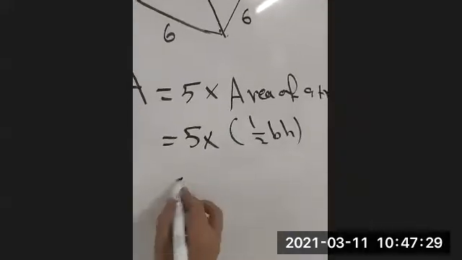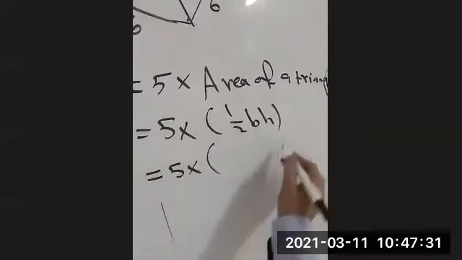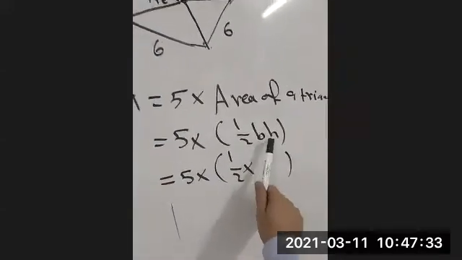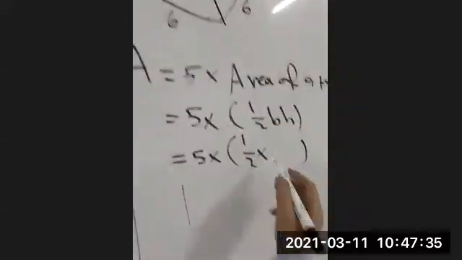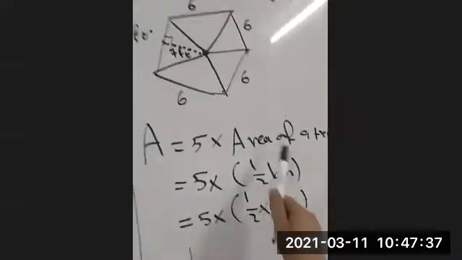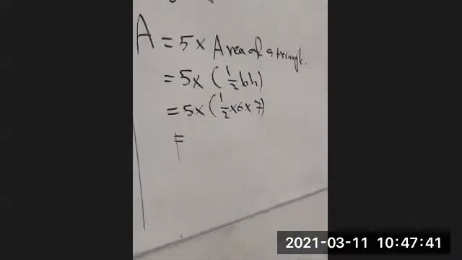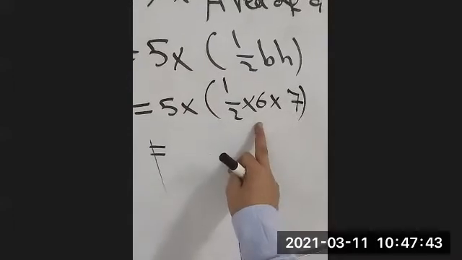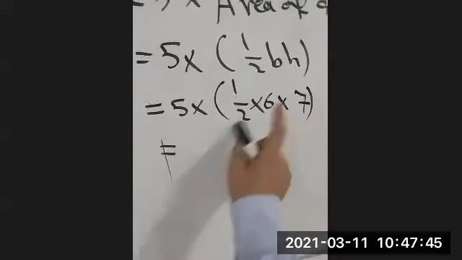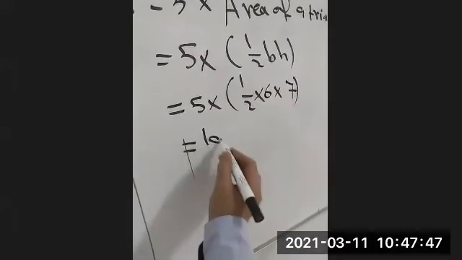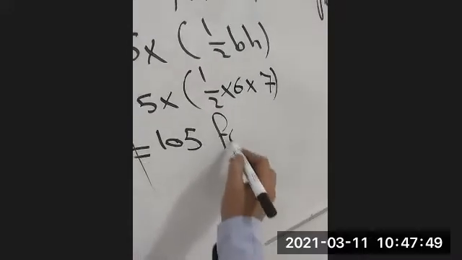This equals 5 multiplied by half, the base given, the height given. Half of 6 is 3, times 7 is 21, multiplied by 5 is 105 feet squared.